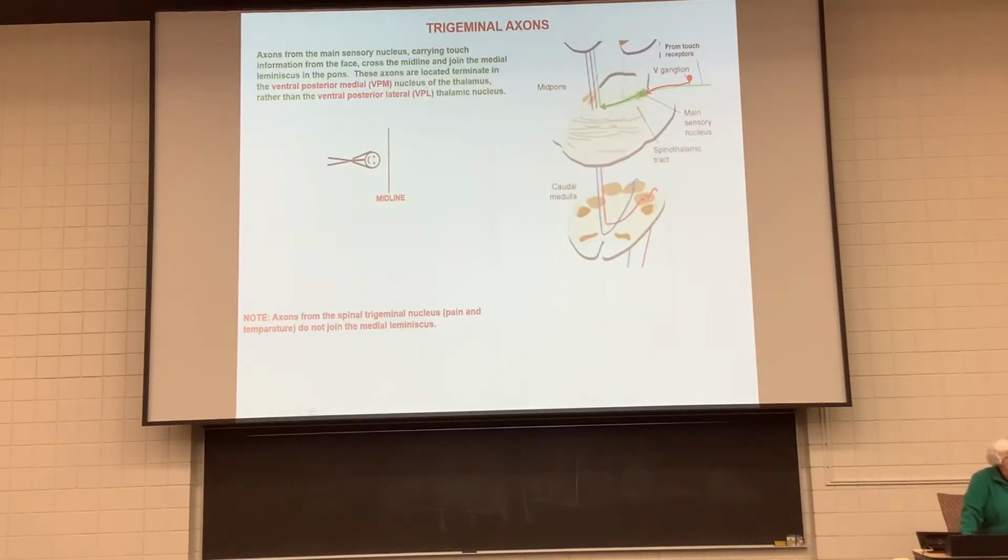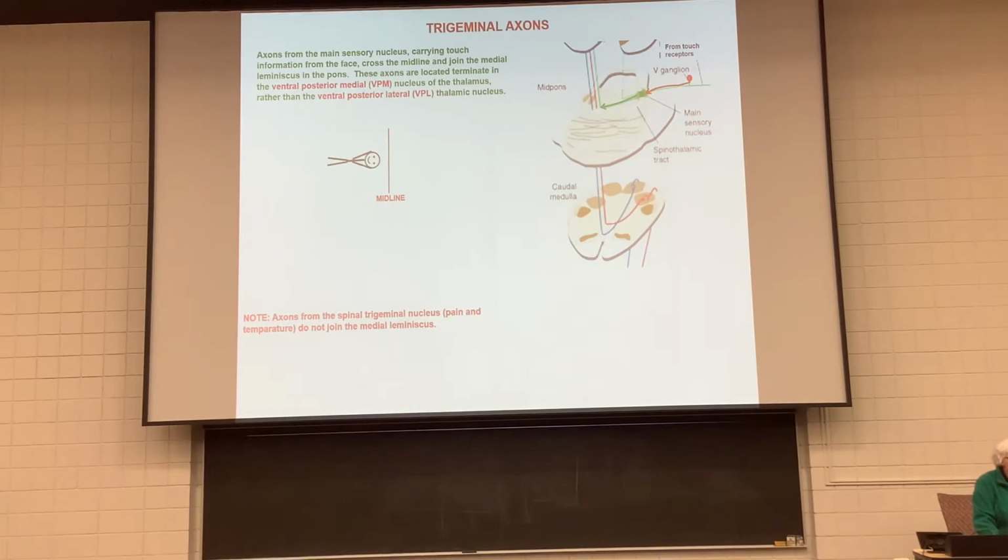Just to remind you, the pathway I just showed you was for touch sensation from the body. For the face, this might be the last time you have to deal with the trigeminal nerve. But this block, we still have to think about it. The trigeminal nerve is carrying that same information from the face.